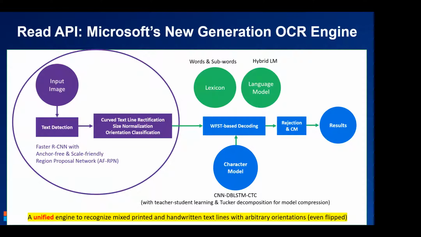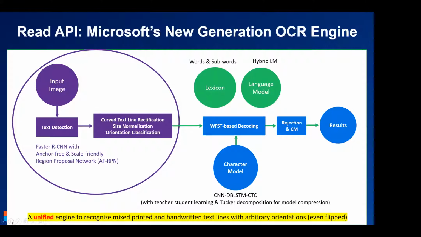And then we run a character model and a language model to decode the text out of these images. At the end, we also build a rejection model to reduce the false positive rate and get the final results. And I'm going to go into more details in the upcoming slides.